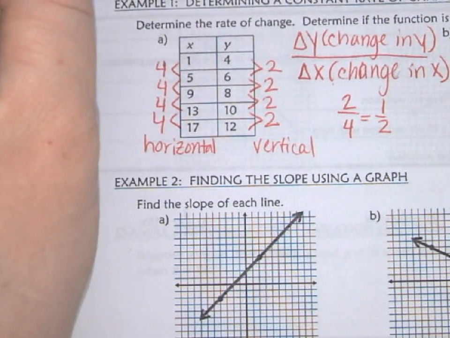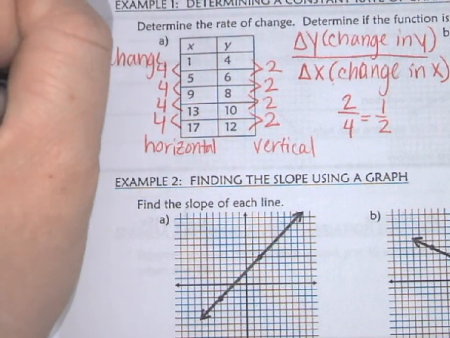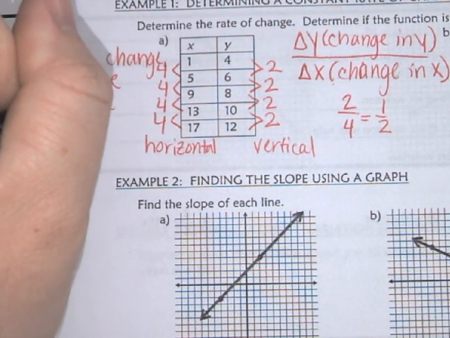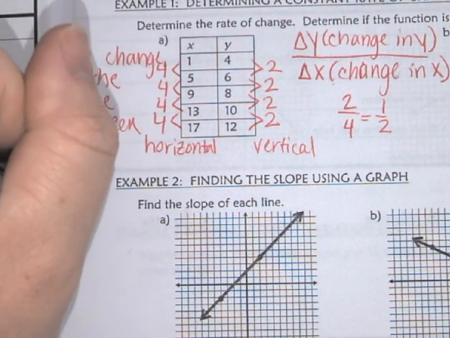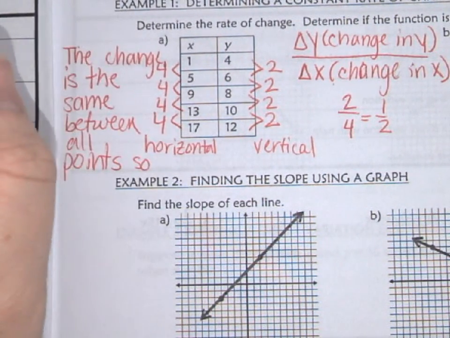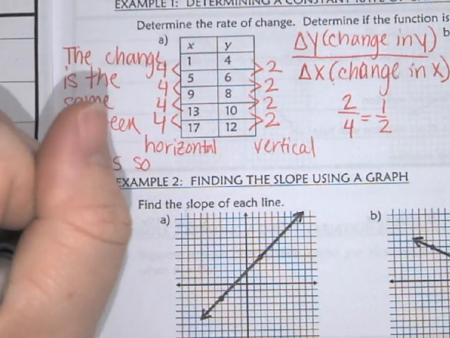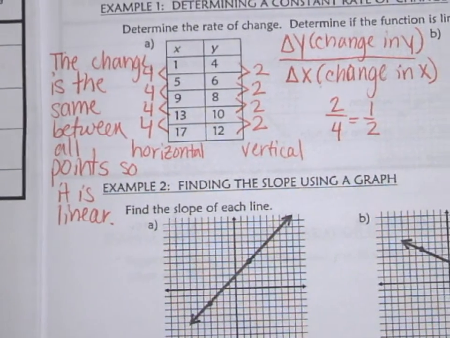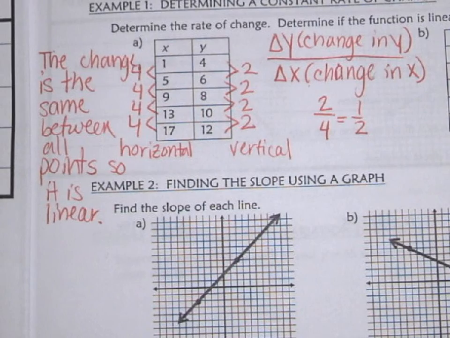So the change is the same between all points, so it is linear. As the year goes on, we will see examples of nonlinear functions, but know that if the change is constant, then you will have a linear function.